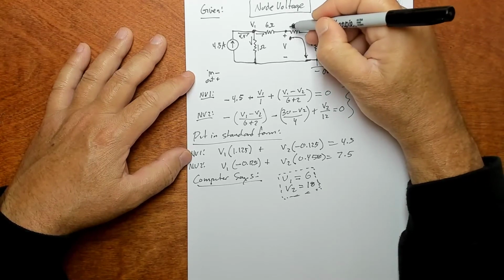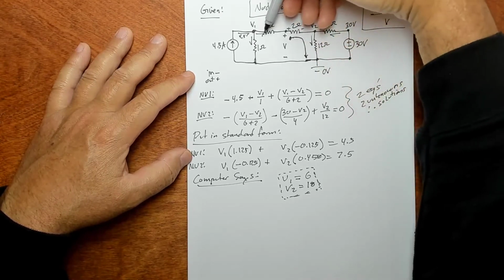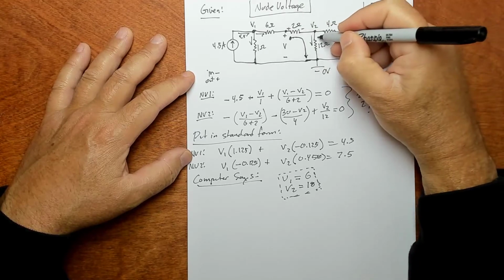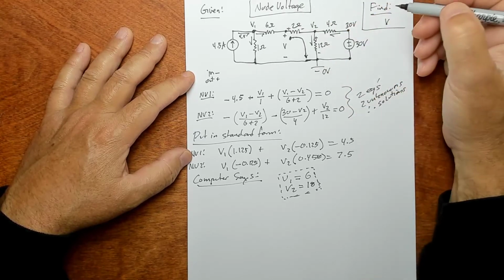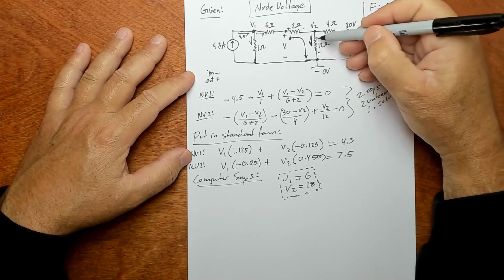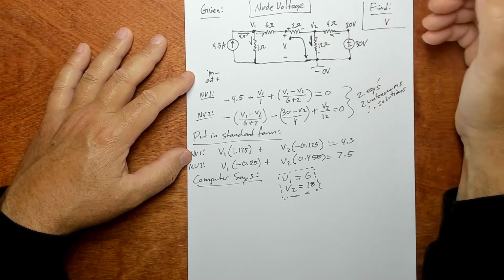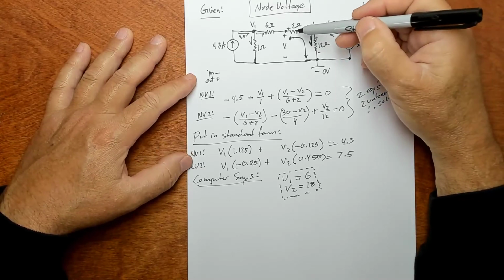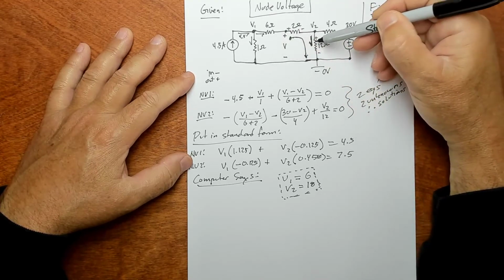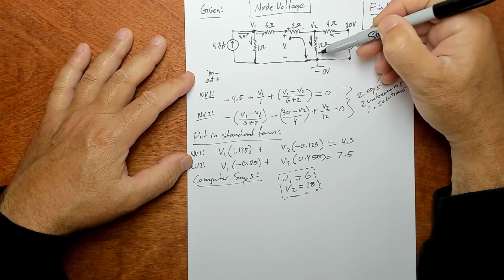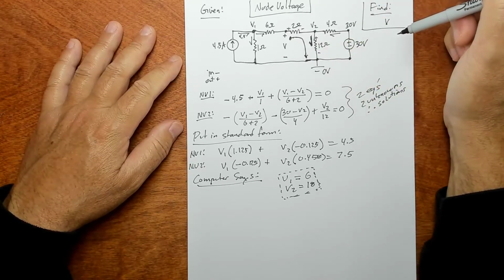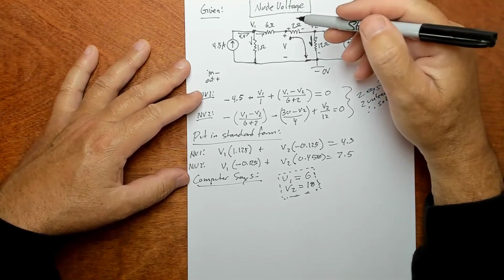I can throw a sign on there because the current's going through this thing. Here's the sign, and then some of it's dropping through this. So I'll throw a sign on that, lining up with the current direction. The voltage drop is agreeing with the current direction for a resistor, right? So if I had this current, I could use Ohm's law and get this voltage drop. And if I had this current, I could use Ohm's law and get this voltage drop. And then if I added those two voltage drops, I'd have V. So let's solve these.